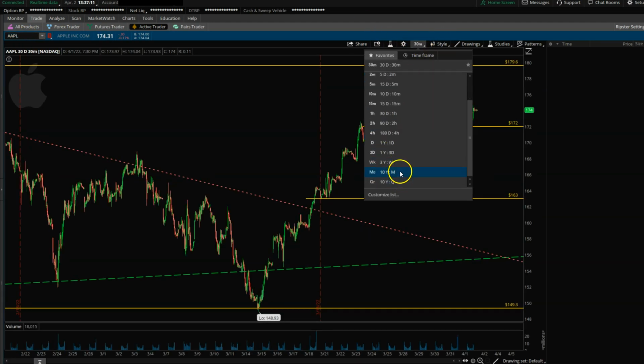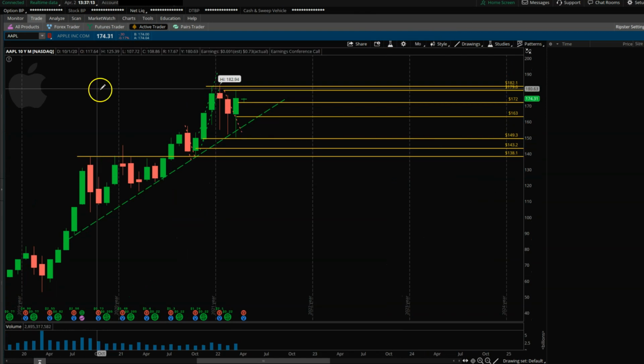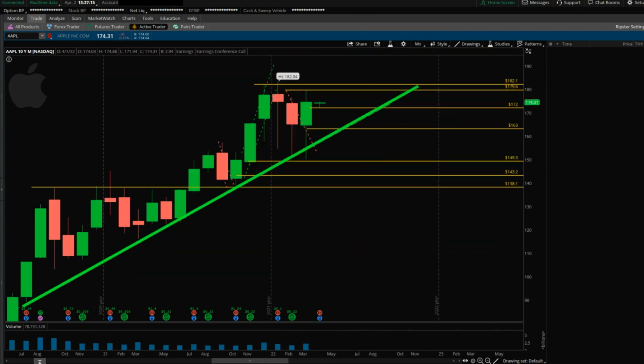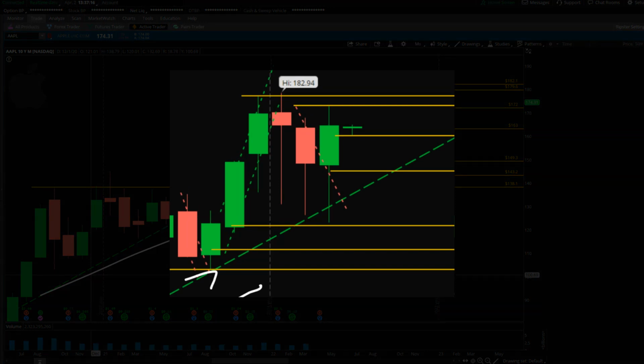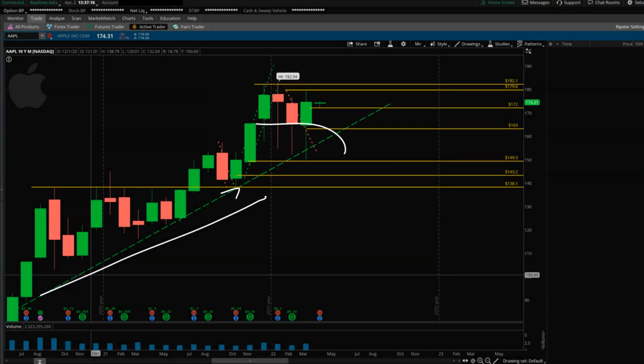Apple, I really like Apple because it bounced from its long-term uptrend line, right? This one right here, and on a monthly time frame there's no bearish trend bar. We have all these bottom wicks right here, so that's building sort of a pressure cooker, buying pressure, whatever you want to call it.